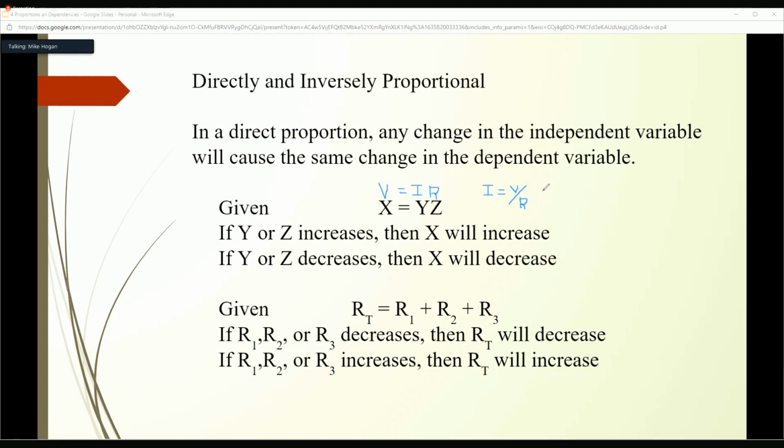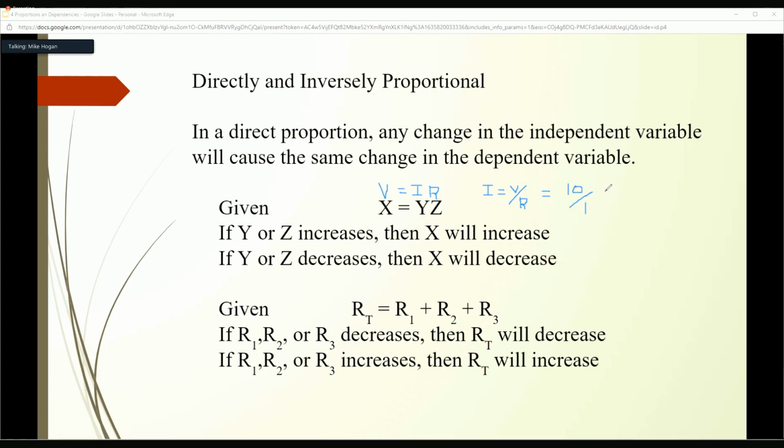I need to get a pad that I can draw this on. All right, so let's say it was 10 volts over 1 ohm. And so 10 divided by 1 is 10 amps, right? So my current would be 10 amps.